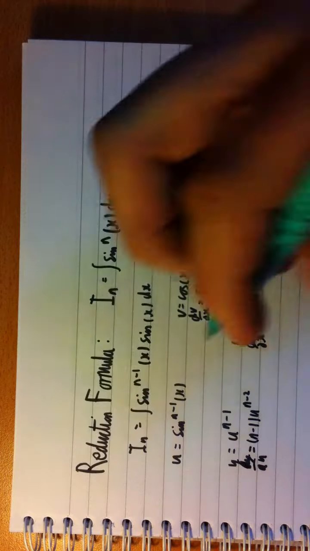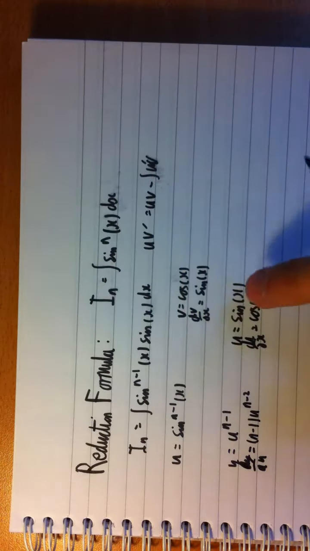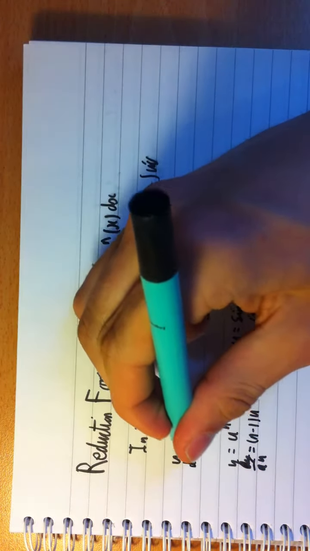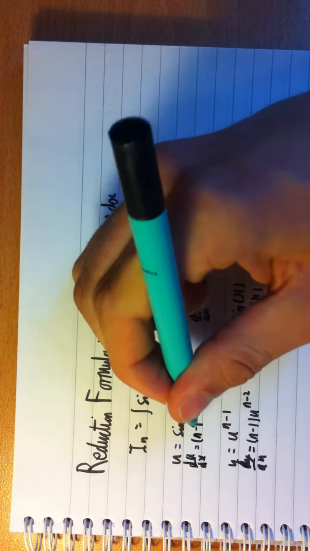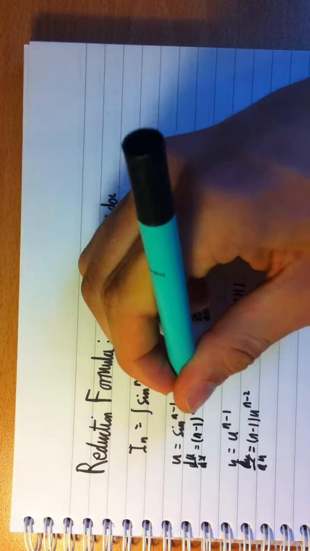I multiply these two together and substitute back in for u, where u is sin x, giving me dy/dx equals (n-1) sin^(n-2) x cos x.